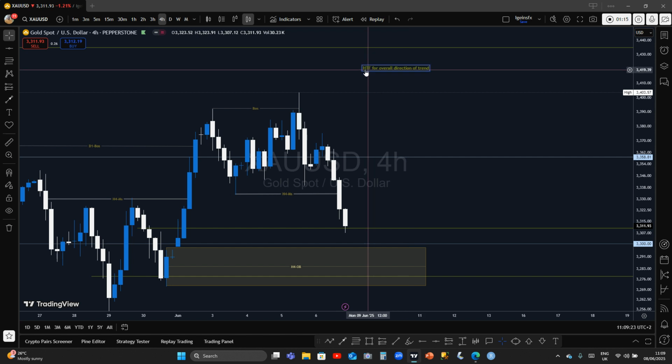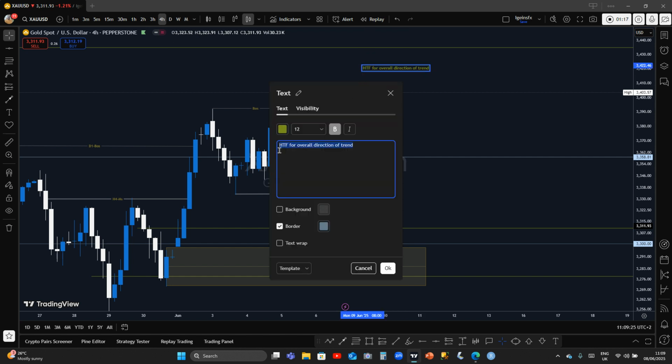This is what you first of all do. We move to the HTF, that is higher time frame, to check for the overall direction of trend.